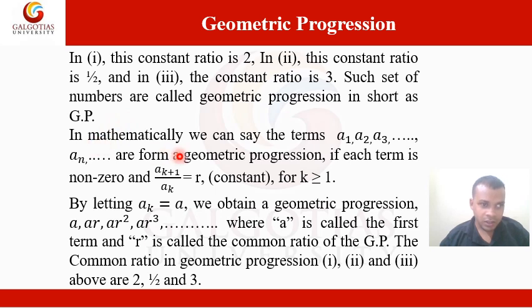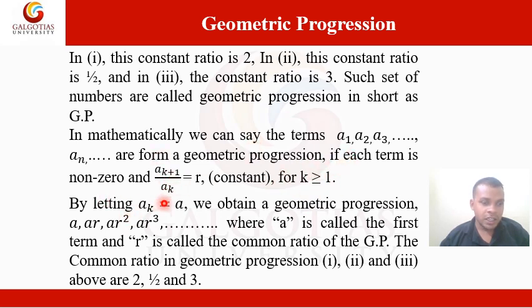In mathematical terms, we can say the terms a1, a2, a3 and so on up to an, as we are talking about only finite geometric progression, are in the form of geometric progression if each term is non-zero and a(k+1) by ak, that is, the later term divided by its preceding term, equals a constant value called R, also known as the common ratio, where k is greater than or equal to 1.